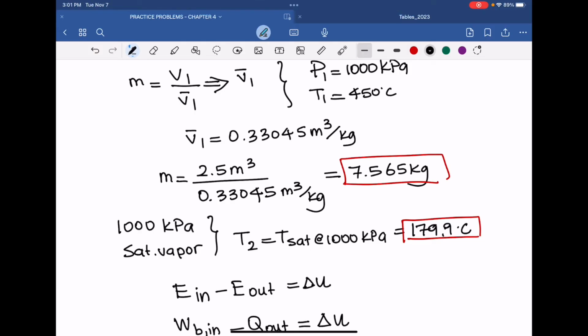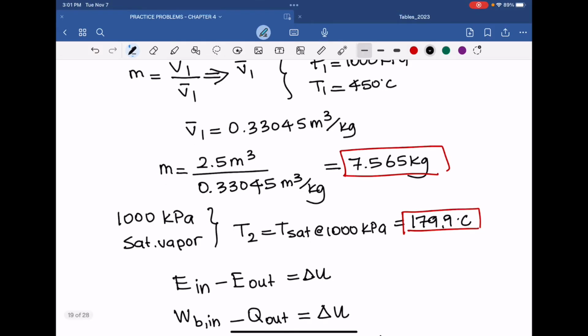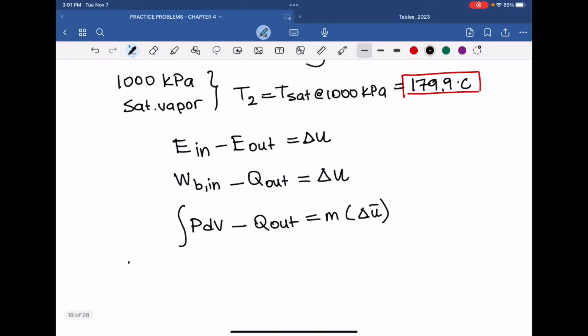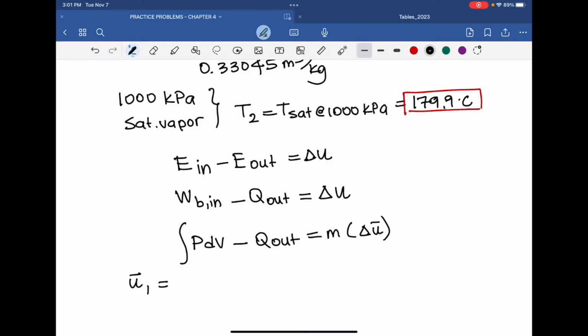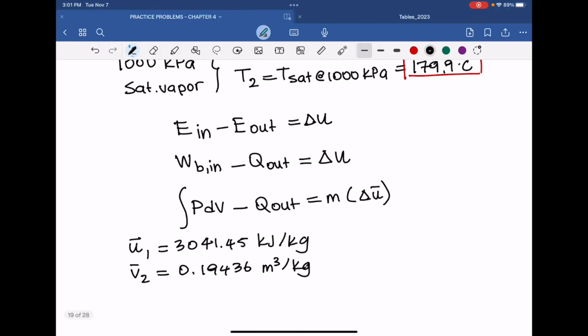So if you do the interpolation at the first state, you should find u1. You should find from ug and uvg the second state properties.